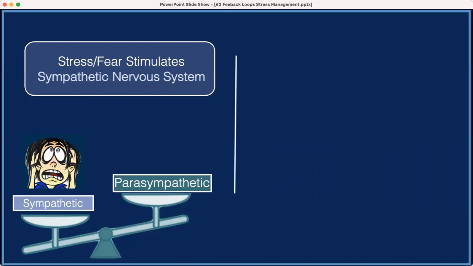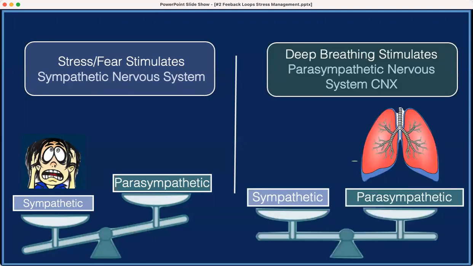When you get into this fear and stress mode where you've stimulated your sympathetic nervous system, these two systems are essentially out of balance. If you're acutely stressed, being chased by a tiger, you want your fight or flight mode. What happens with deep breathing, yoga exercises, and postures is that it invokes the parasympathetic nervous system, which is cranial nerve 10.